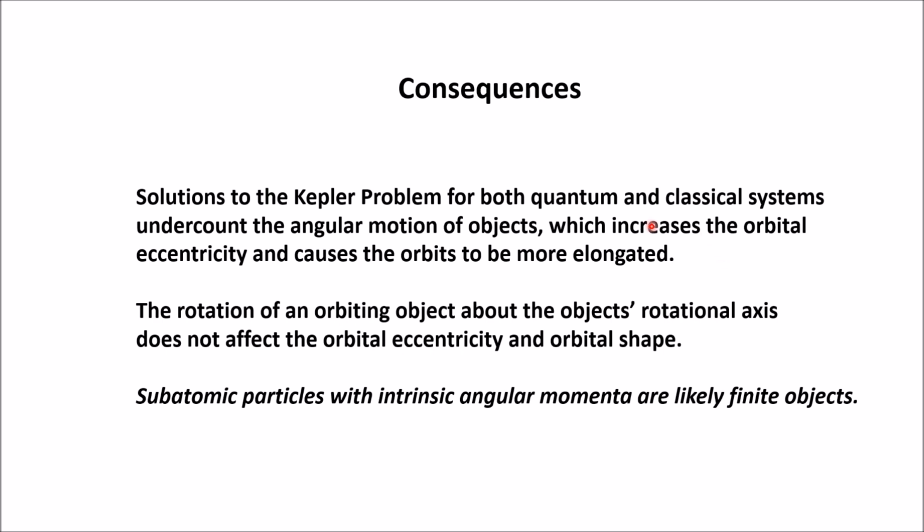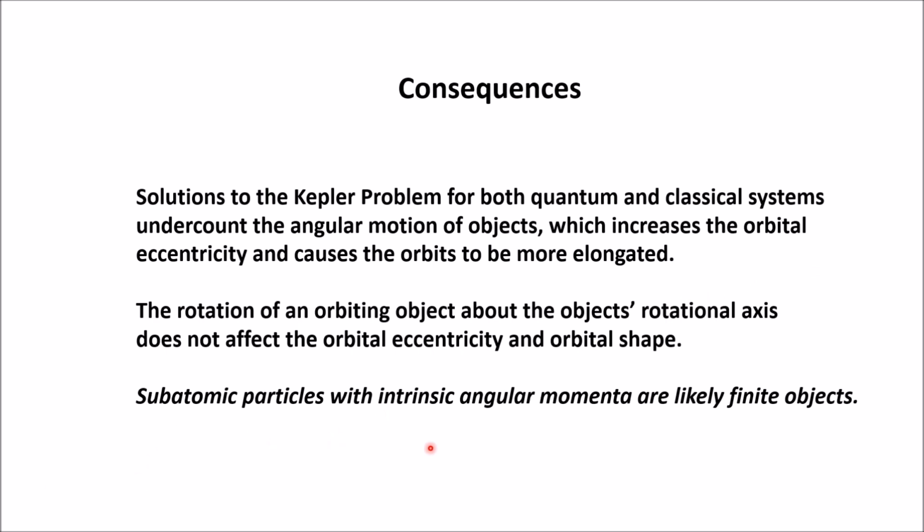We've never really connected the dots. Again, a lot of dots, no connection. The rotation of an object about its rotational axis does not affect the orbital eccentricity and orbital shape, except if it has an intrinsic angular momentum.